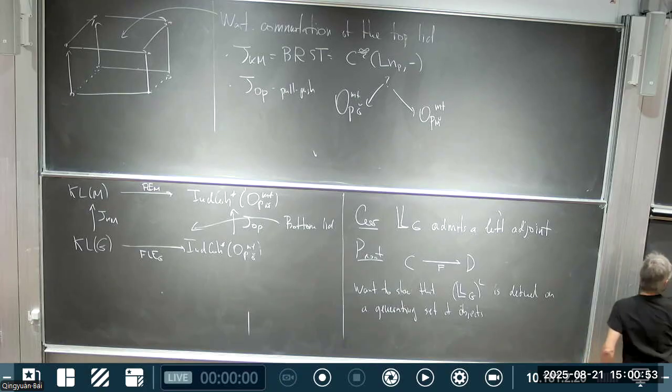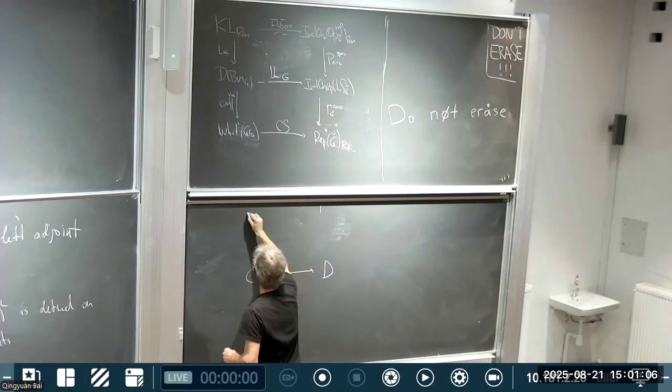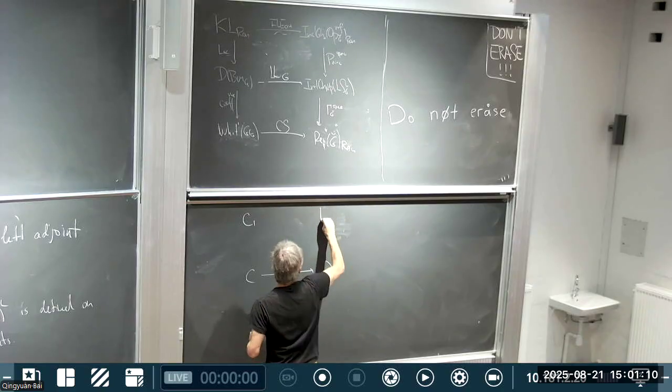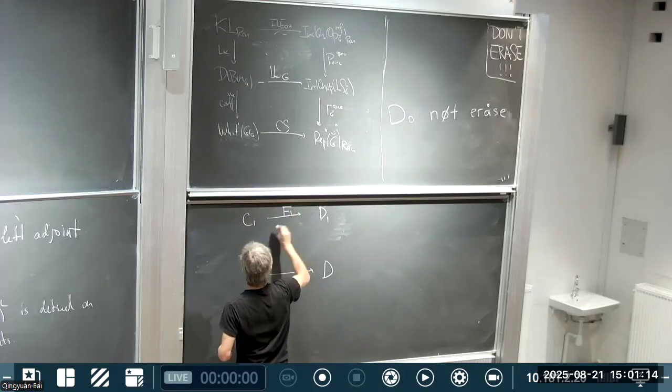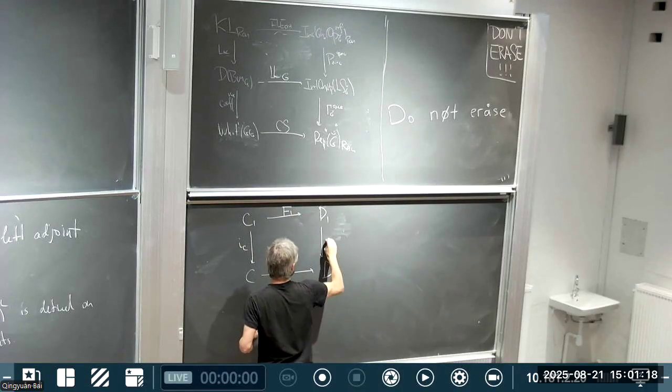So here is the general paradigm. Suppose you have a functor F from C to D. And suppose you have another pair of categories, C1, D1, with a functor F1, and functors between them, which we call I_C and I_D.